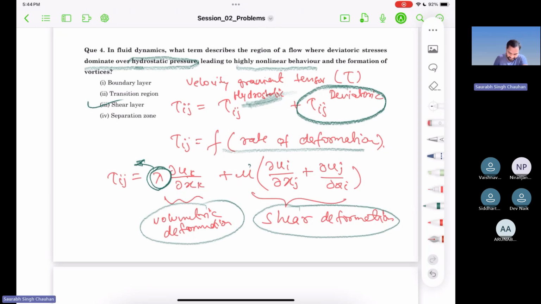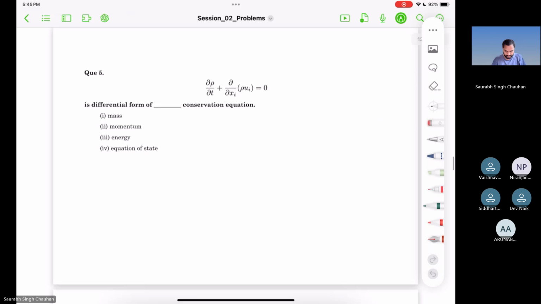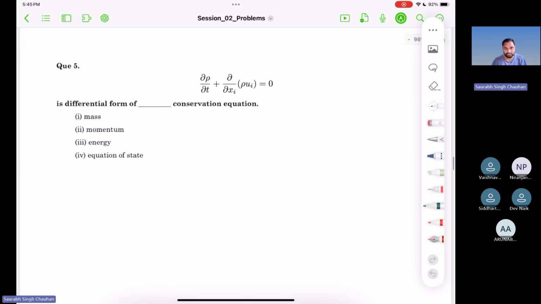Okay, so we will move to the next question, question number 5. In question number 5, there is an equation: dou rho by dou t plus dou by dou x_i of rho u_i is equal to 0.